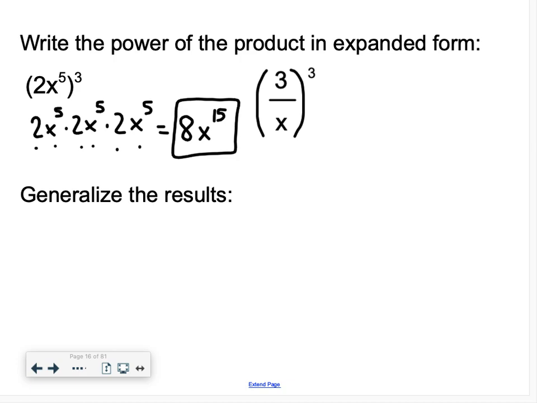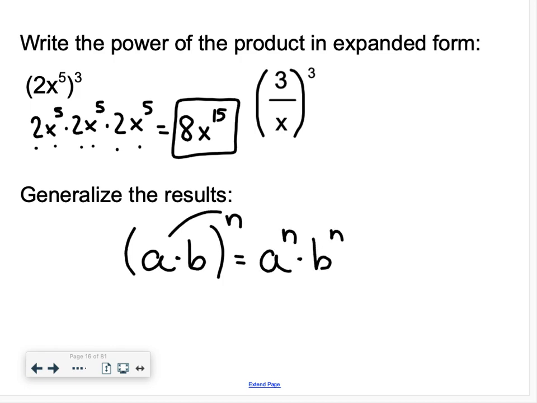Okay, and same with a quotient. Again, I won't go through that one, but when you have a power on top of a product, like a times b to the nth power, you have to make sure that you distribute that exponent to both bases, right? So if you go back up to this question here, if I distribute the cube to the 2 and to the x, well, 2 cubed is 8, and power on a power I would multiply to get x to the 15th.